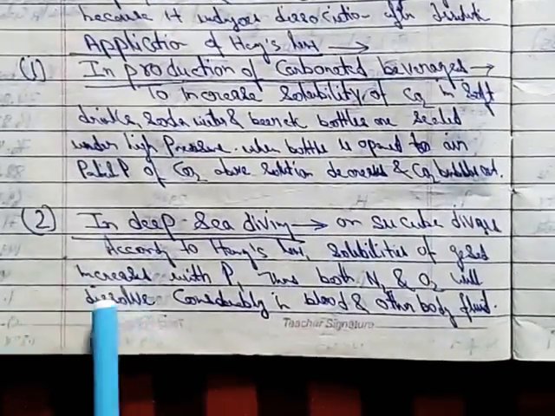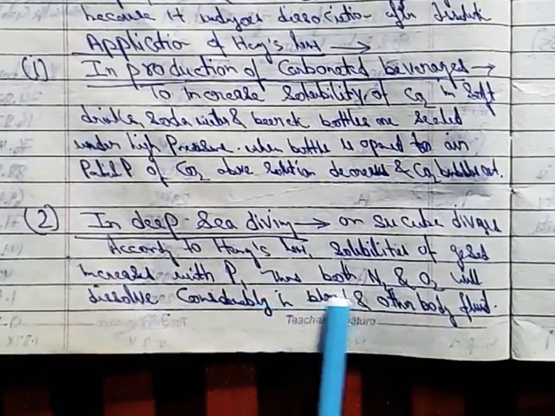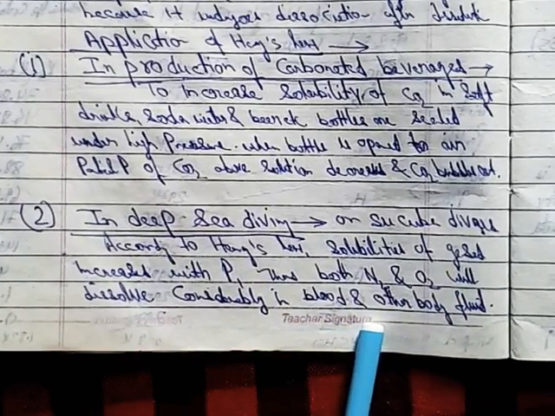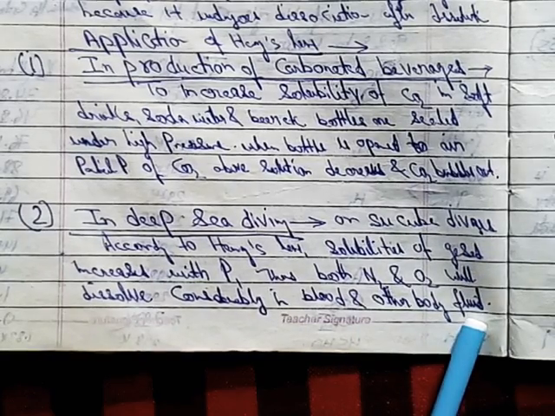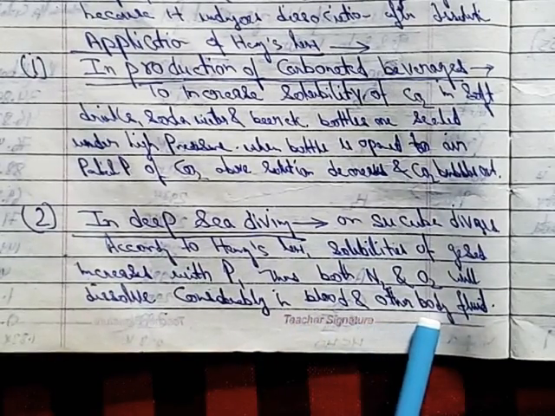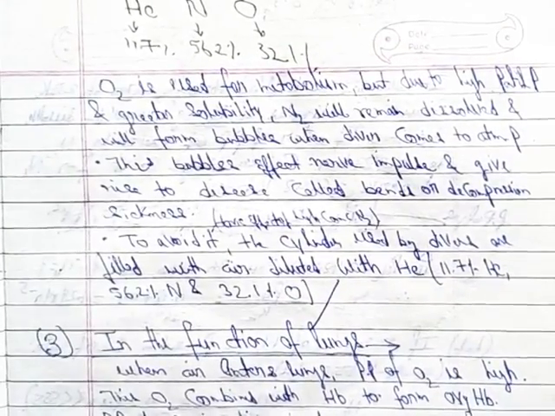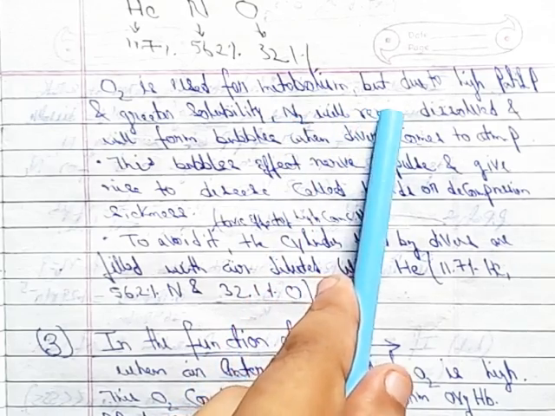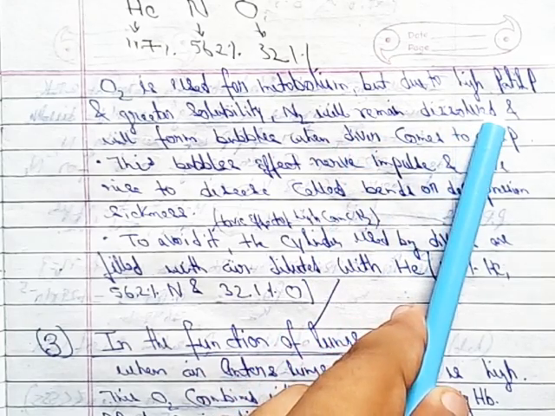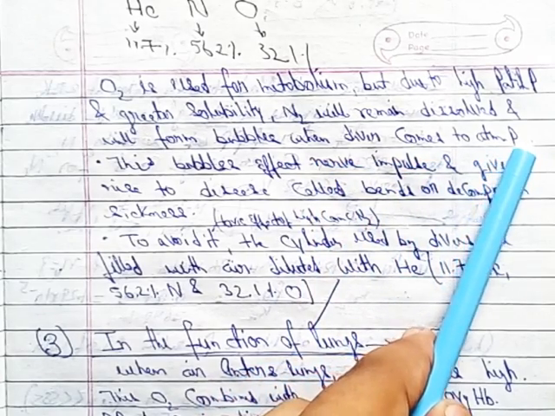In deep sea diving, for scuba divers, according to Henry's law, the solubility of a gas increases with pressure. Thus, both nitrogen and oxygen will dissolve considerably in blood and other body fluids. Oxygen is used for metabolism, but due to high partial pressure and greater solubility, nitrogen will remain dissolved and will form bubbles when divers come to atmospheric pressure.